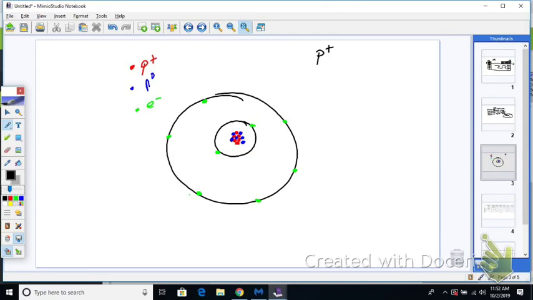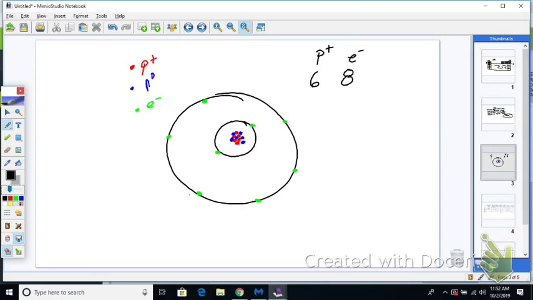Yeah, they're bunched up, but there's 1, 2, 3, 4, 5, 6. So there's 6 protons. All we're doing by me putting P+ is a symbol for protons, I'm just telling you how many I have. Then I count how many electrons there are. How many electrons? 8 electrons.